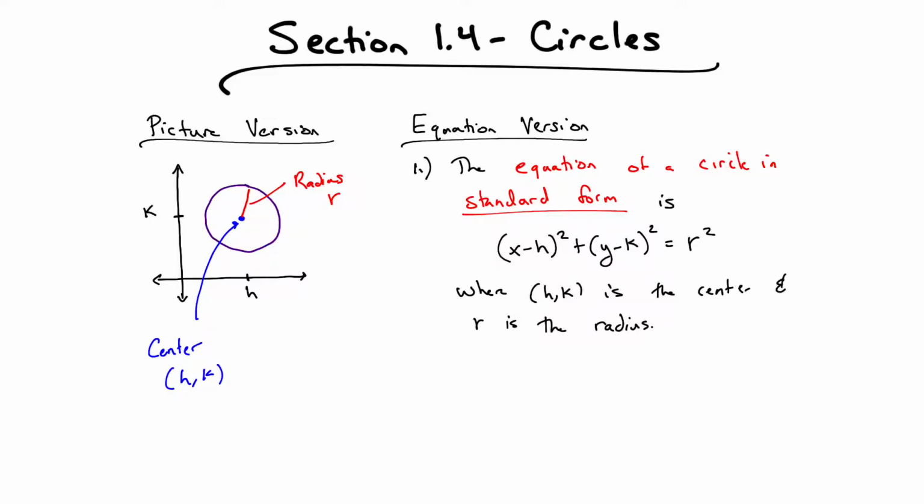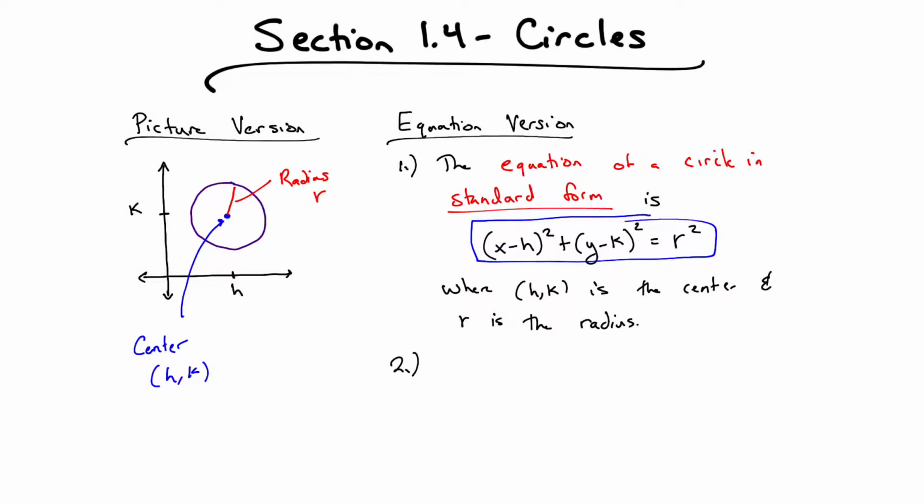Now, it's a kind of cool thing, if you're curious, how we decided upon this formula, it actually has a lot of connection to the distance formula, and I'll let you ponder that if you're curious. Otherwise, you can just memorize this formula. And then the second one, which is general form.